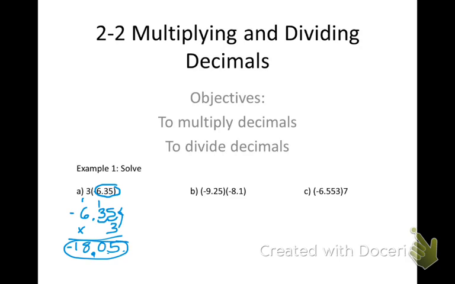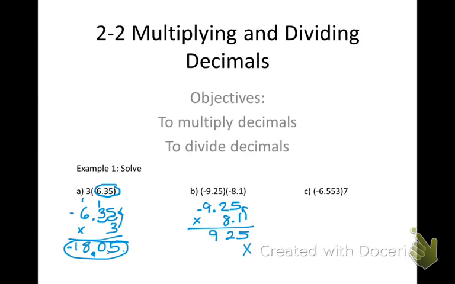All right. B. I have 9.25 and 8.1. 9.25 is bigger, and remember to put the negative in front of it. And then 8.1. Notice again, I am not lining them up, and I'm multiplying them. 1 times 5, 1 times 2, 1 times 9.